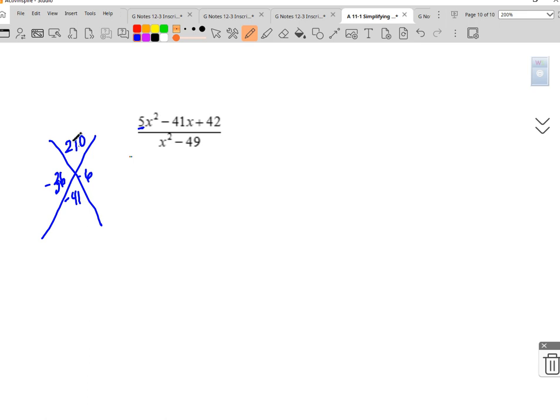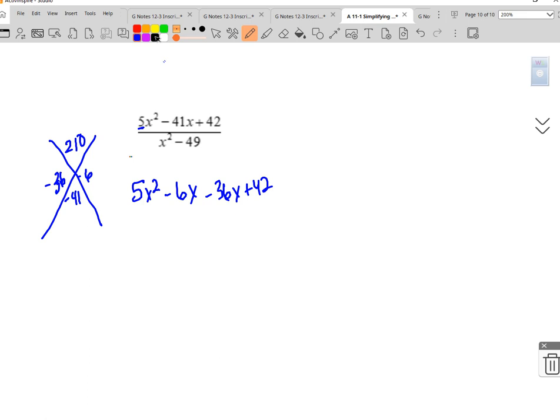So now we are going to rewrite this. And these are not our factors. Now we're splitting the middle term. So 5x squared minus 6x minus 36x plus 42. You guys did pretty good on this one.